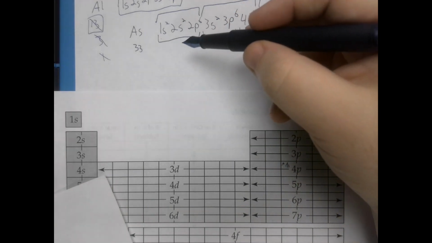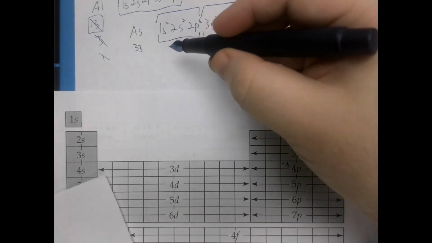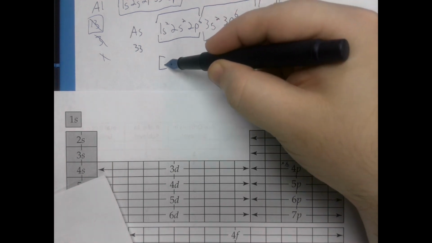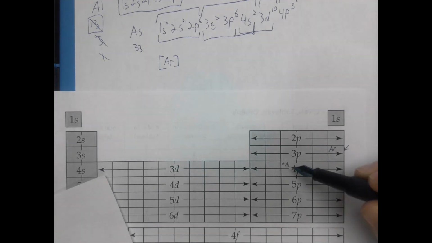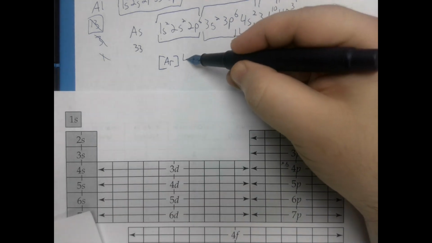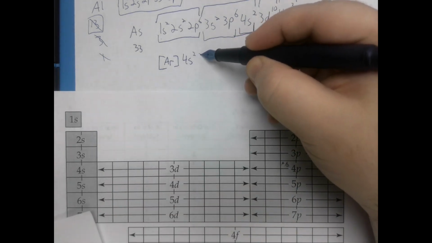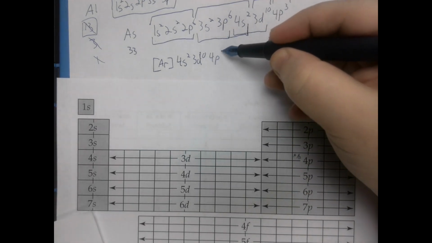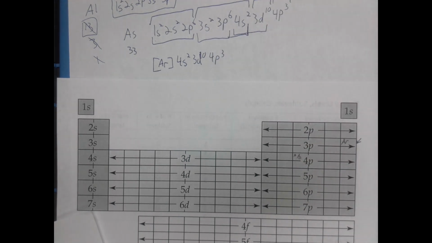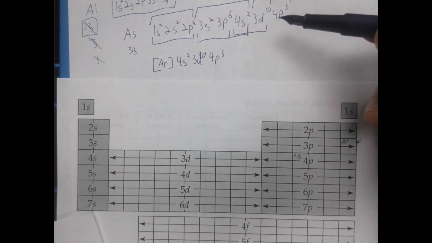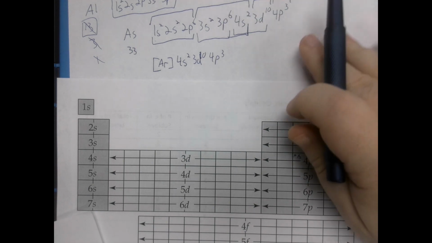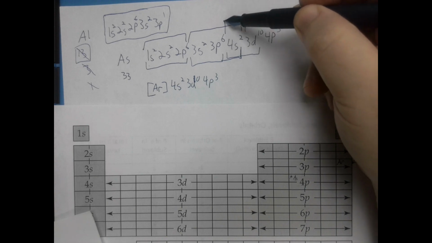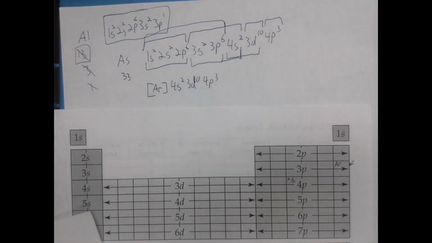I can write arsenic's noble gas electron configuration as argon, and then just write 4s2, 3d10, and 4p3. This is the abbreviated noble gas configuration. It removes this from here down, making it a lot easier to write.